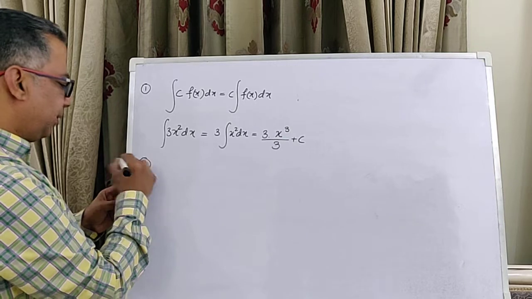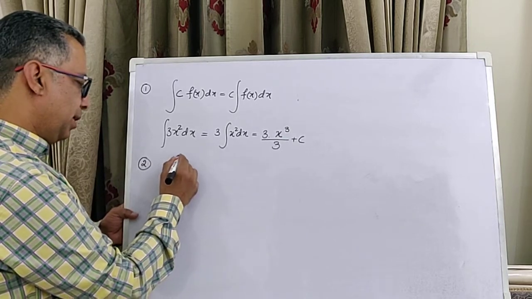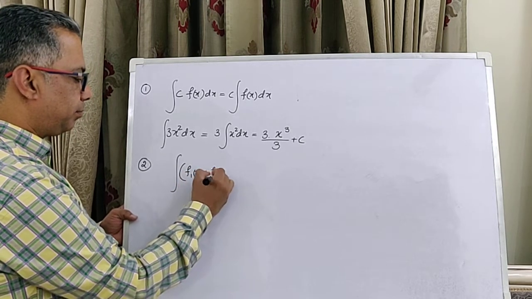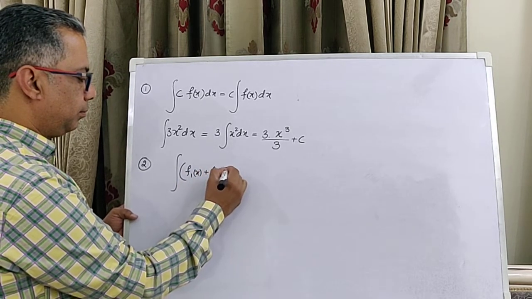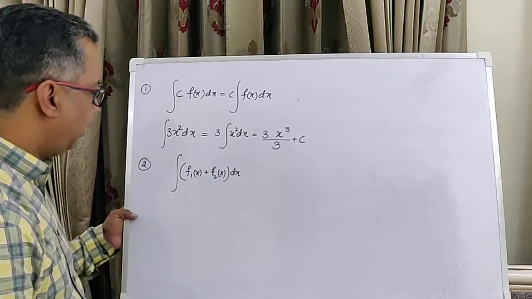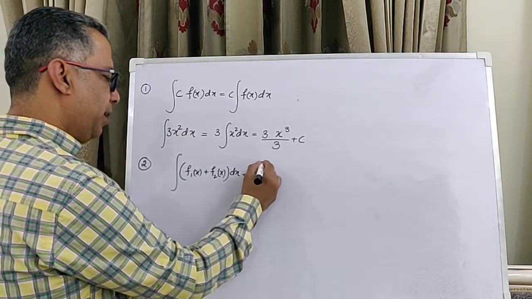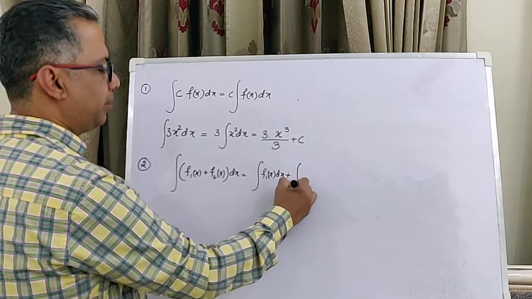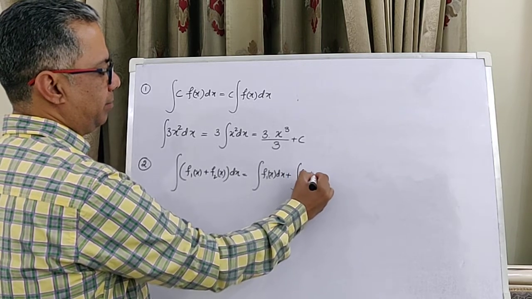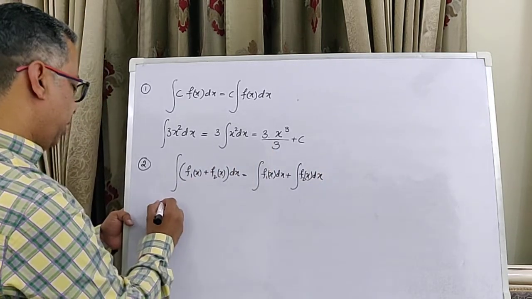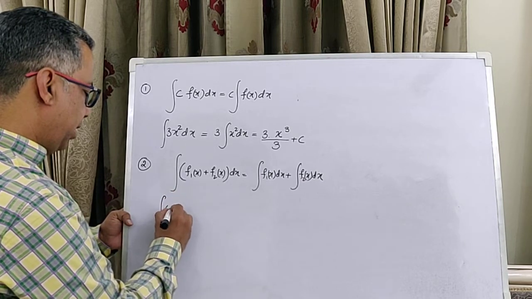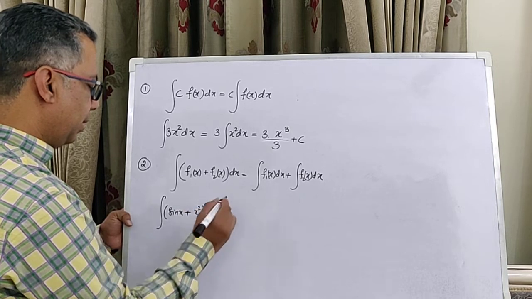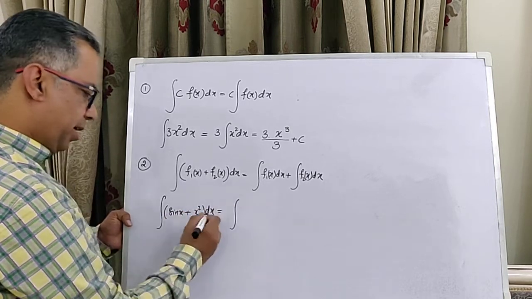The next thing you need to understand is when you are integrating a sum of two functions. Then the integral is simply the sum of the two integrals. So integral of f1(x) dx plus integral of f2(x) dx. For example, if you are integrating sin x plus x squared dx, you simply integrate them separately.